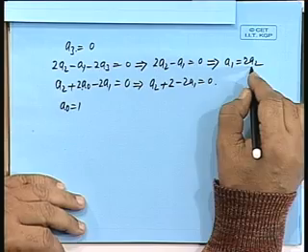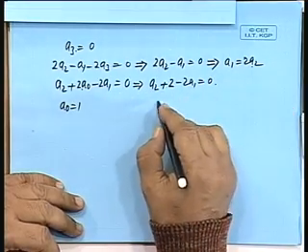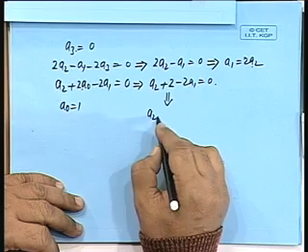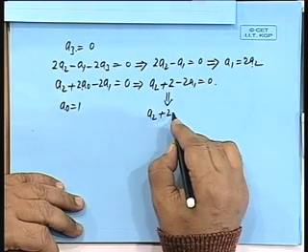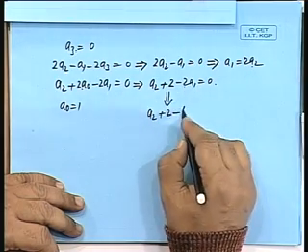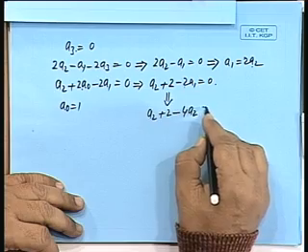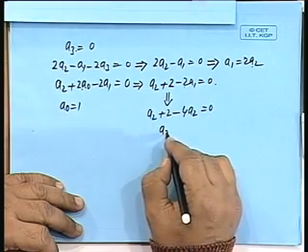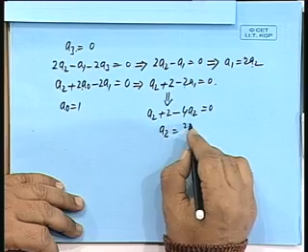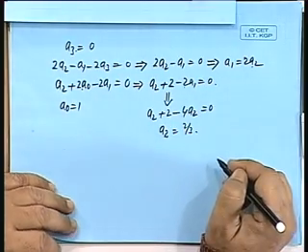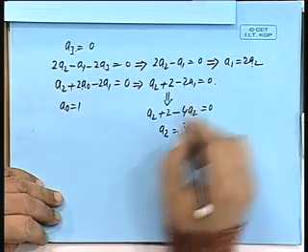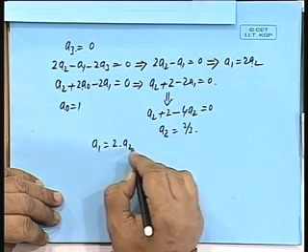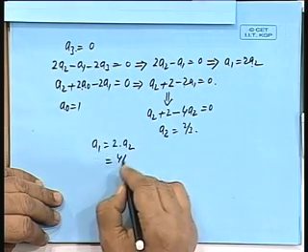Substitute in this one, that gives me a2 plus 2 minus 4 a2 equal to 0, or a2 is equal to 2 by 3. Substitute here, a1 is 2 into a2, so 4 by 3.